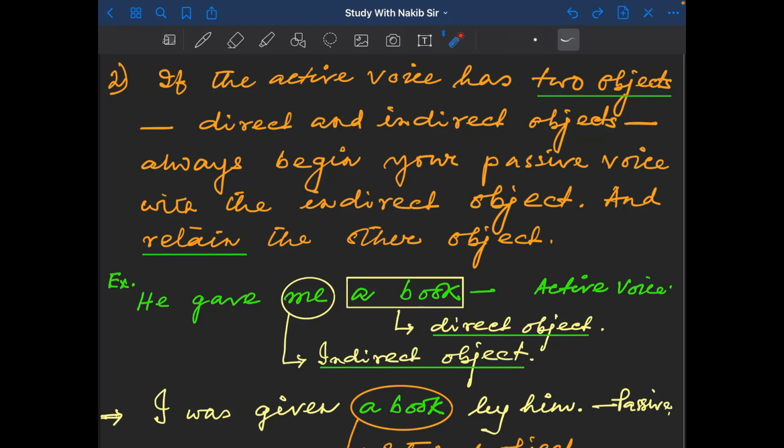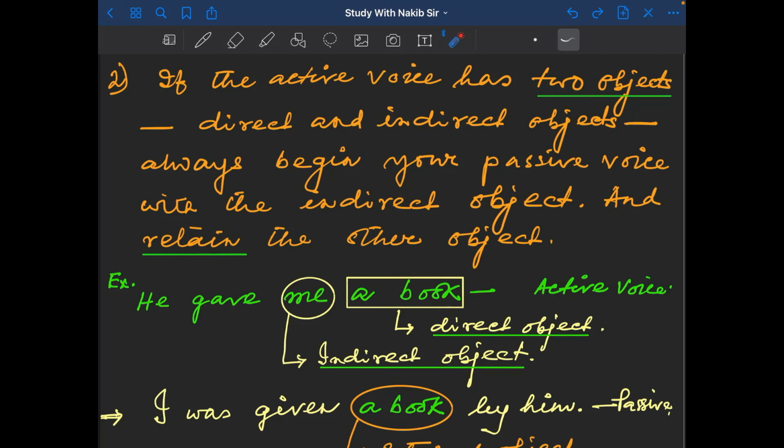See, if the active voice has two objects, one is direct object and the other one is indirect object. Always begin your passive voice with the indirect object and retain the other object. Retain means keep.